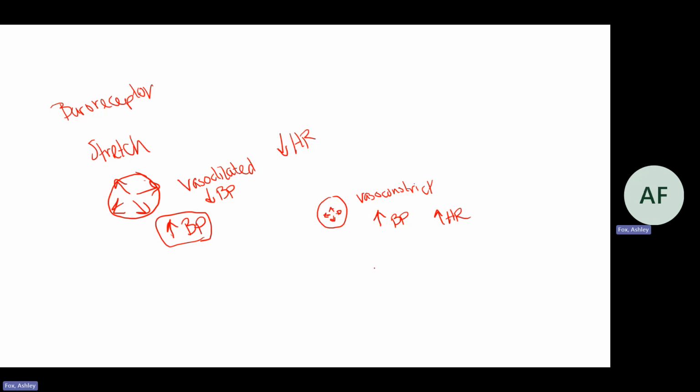You're not getting as much blood flow and oxygen to your tissues. So you're going to do everything you can to increase blood pressure and increase resistance to increase blood flow. You're going to increase your heart rate and do all of those compensations to try to increase your blood pressure again. So it's all based on baroreceptors that are in your body.